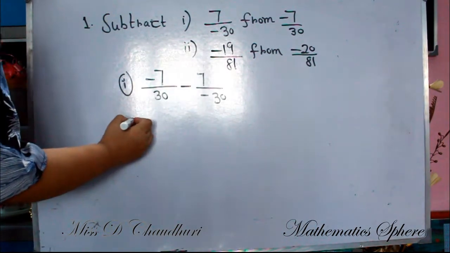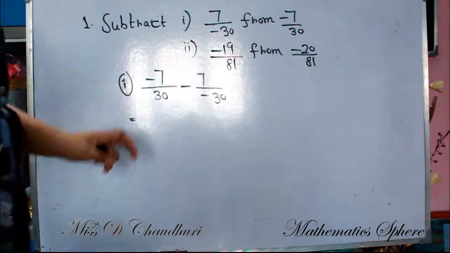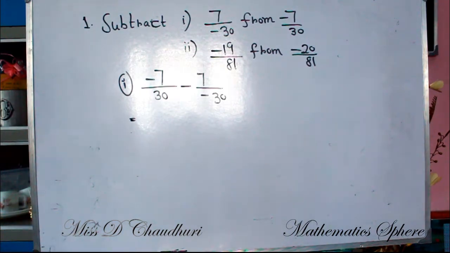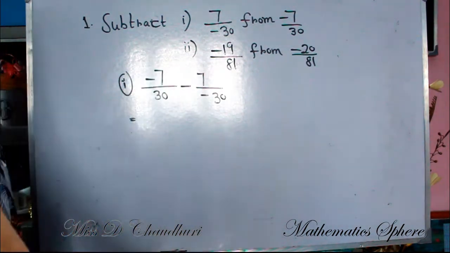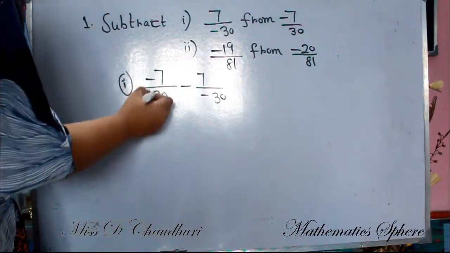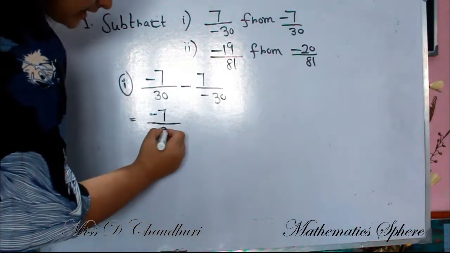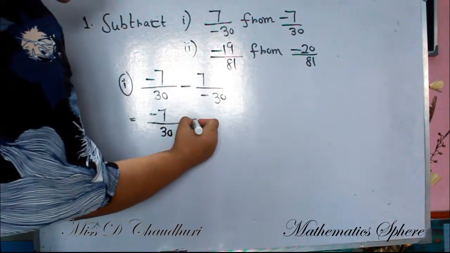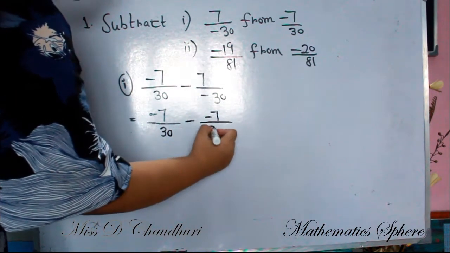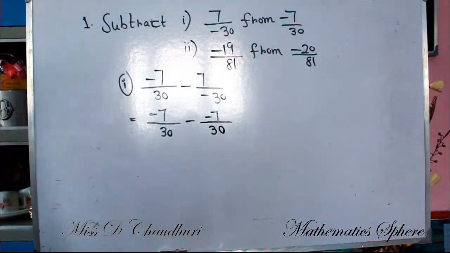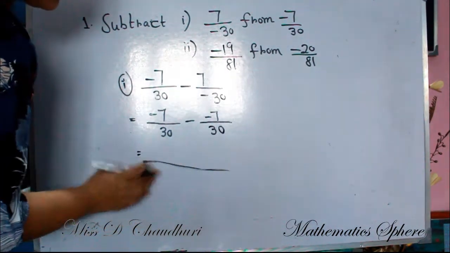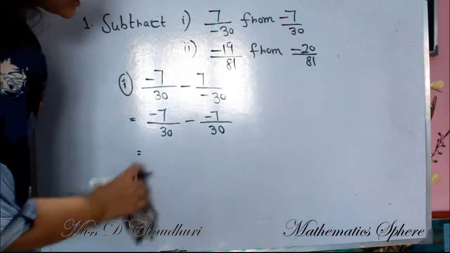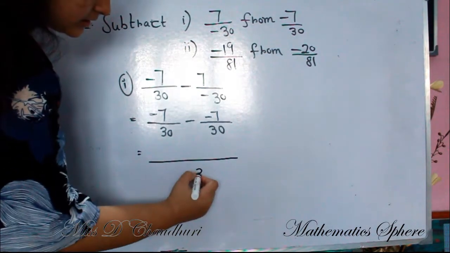Okay, now we will solve. As in case of addition, we transformed it into the standard form, then we added, same thing will be done. So this is already in the standard form, so let it be as it is. This one, minus 7 by 30, means the minus has shifted to the numerator. Now I can see the denominators are same, so I can take 30 common.